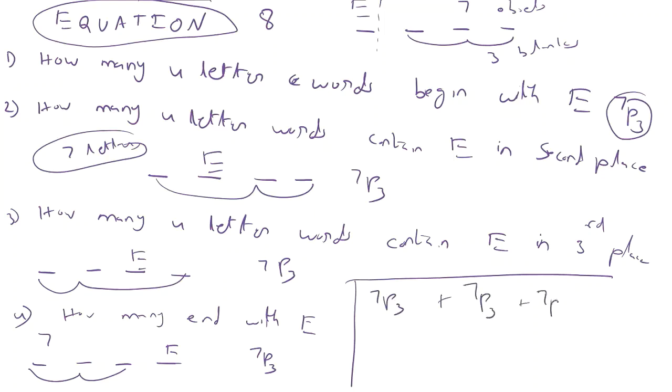E in the third place: 7P3. E in the fourth place: 7P3, which is equal to 4 times 7P3. This 7 is nothing but 8 minus 1, P 4 minus 1. The total number of objects is 8 and the number of places is 4. Therefore the answer is 4 times (8 minus 1)P(4 minus 1), or in general the answer is R times (n minus 1)P(R minus 1).